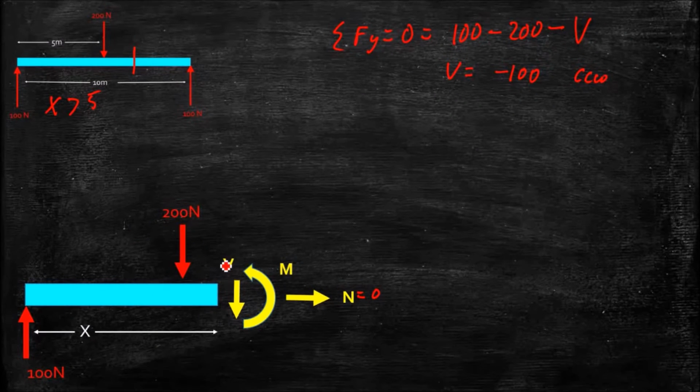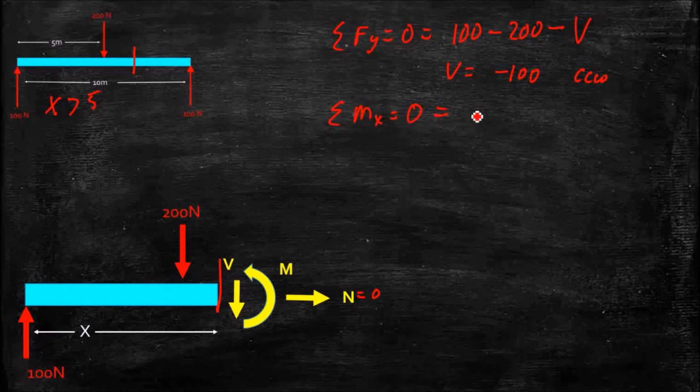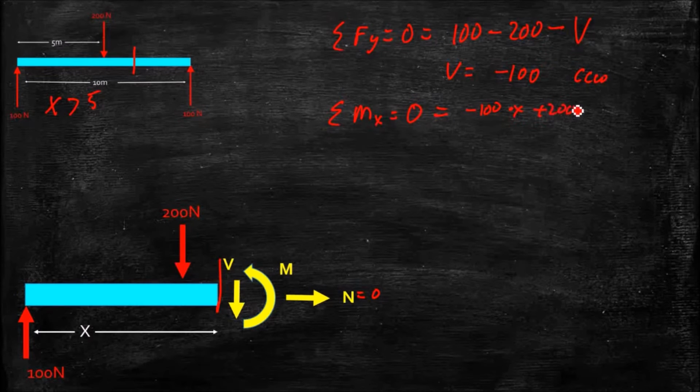Again, take the moments at our section. The sum of the moments at x equals 0 is equal to our 1 minus 100 times x, then plus 200, our applied force, times x minus 5, which is the distance from the force to the end.